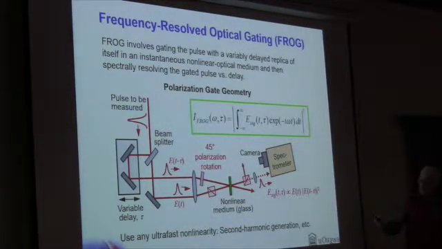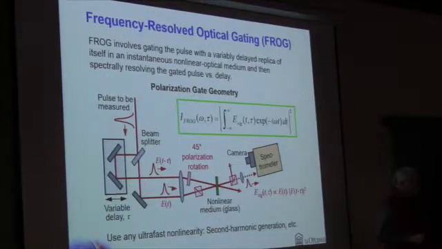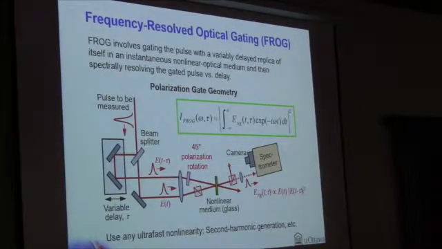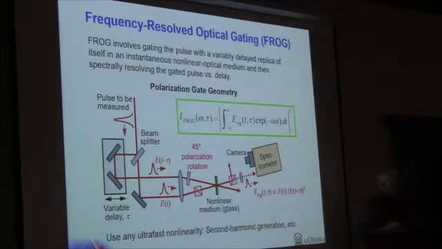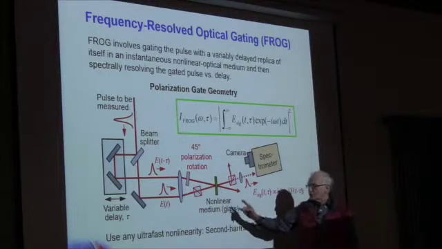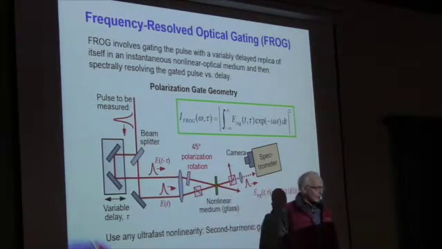The beam again comes down, comes to a beam splitter where two versions of the same pulse are created, one of which goes through a delay line, one of which does not. They're brought together in some nonlinear medium. It can be almost anything. But in most laboratories, it's a second harmonic crystal, just like autocorrelation was before.